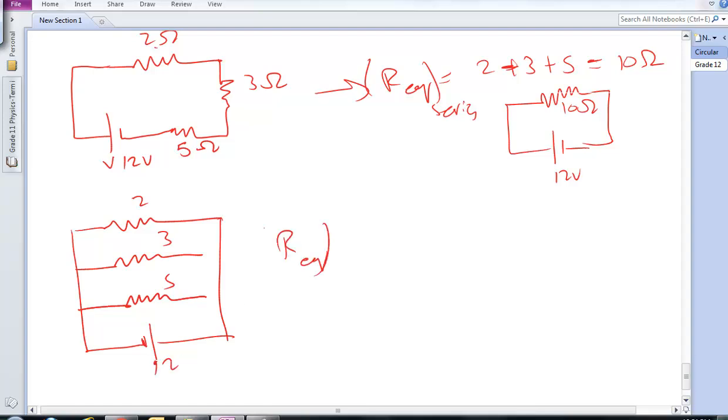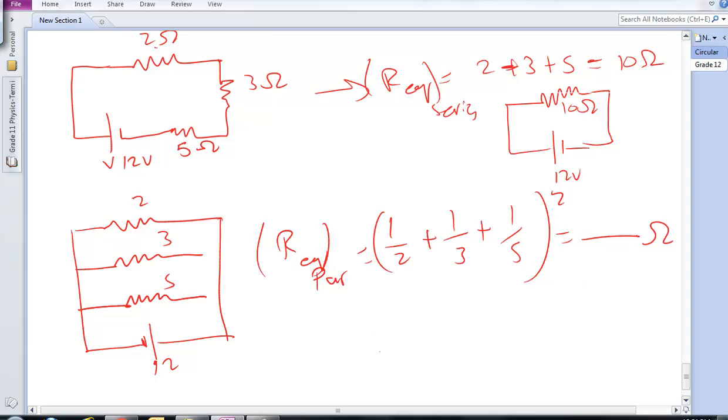R equivalent for this parallel circuit would be 1 over 2 plus 1 over 3 plus 1 over 5, reciprocal, which would give you a value in ohms, and you can put this value in one resistance here. This is R equivalent, this is R equivalent, and that's it.